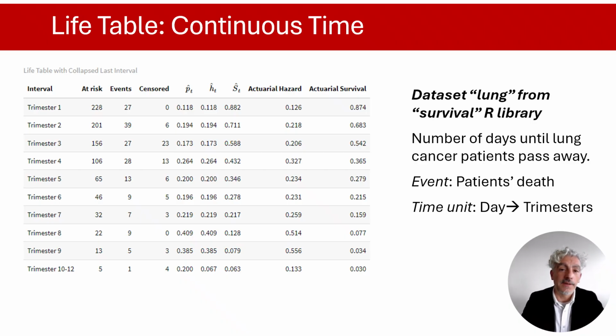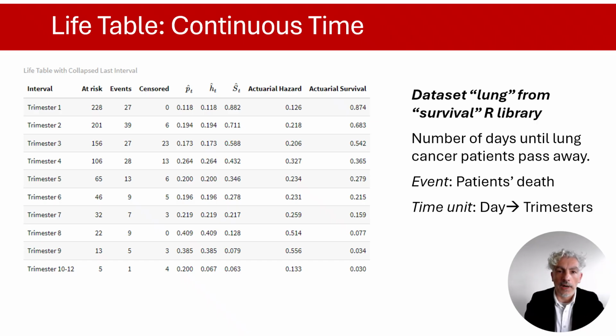Right, having said all that, I now provide a practical example. I've been using the data set called lung from the survival library in R. This is the data set that reports results from a study of lung cancer patients, and the event of interest was death of patients measured in days from the start of the study.